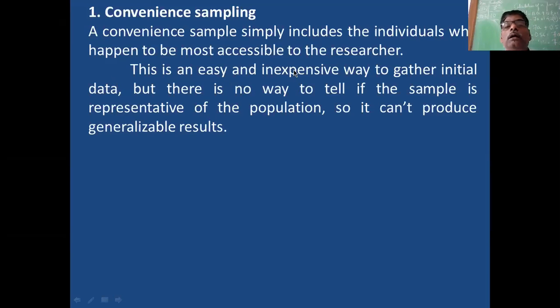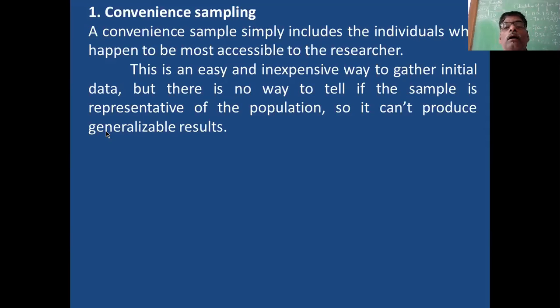This is an easy and inexpensive way to gather initial data. It is very easy to collect the initial data, but there is no way to tell if the sample is representative of the population. So it cannot produce generalized results. The sample selected is not representative of all the members of the population, because I selected the students known to me.